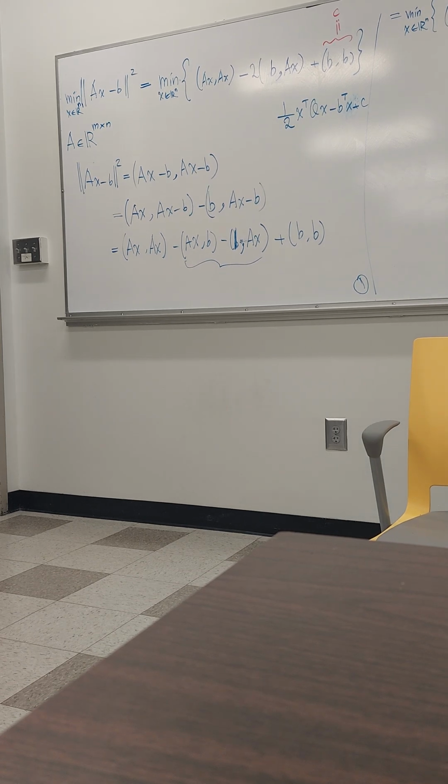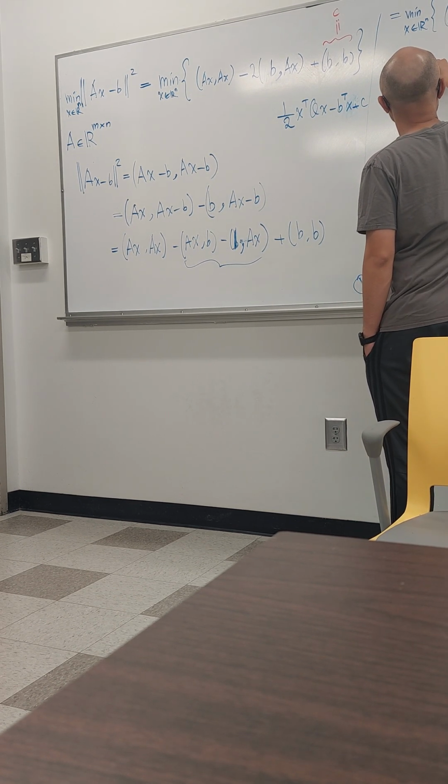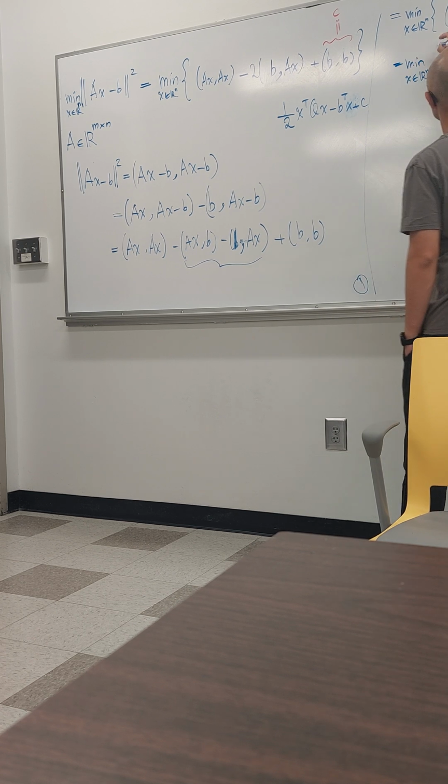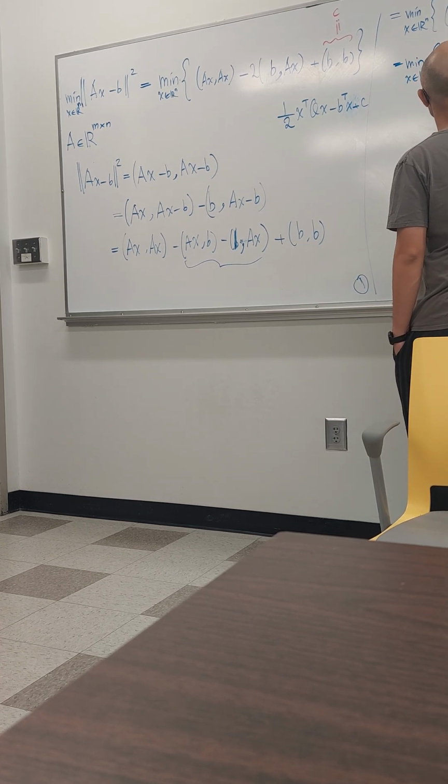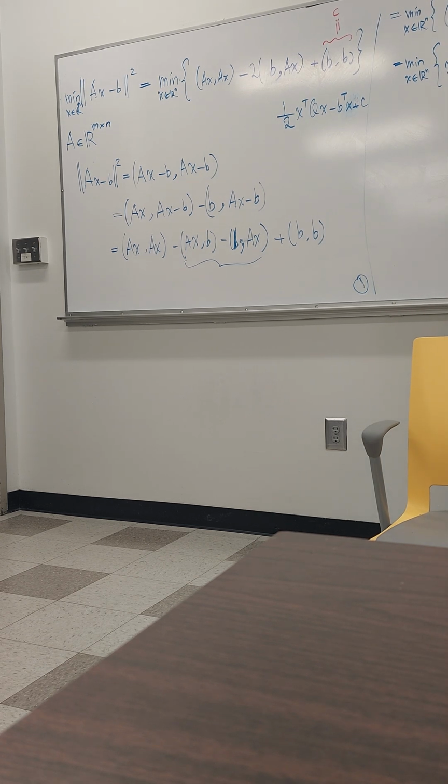B is a given vector. And this is the same as X transpose A transpose AX, subtract 2 times B transpose AX plus C.